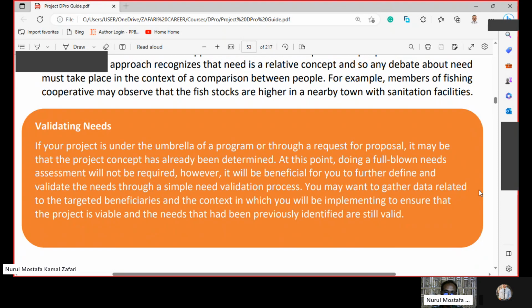However, it will be beneficial for you to further define and validate the needs through a simple need validation process. You may want to gather data related to the targeted beneficiaries and the context in which you will be implementing to ensure that the project is viable and the needs that had been previously identified are still valid.